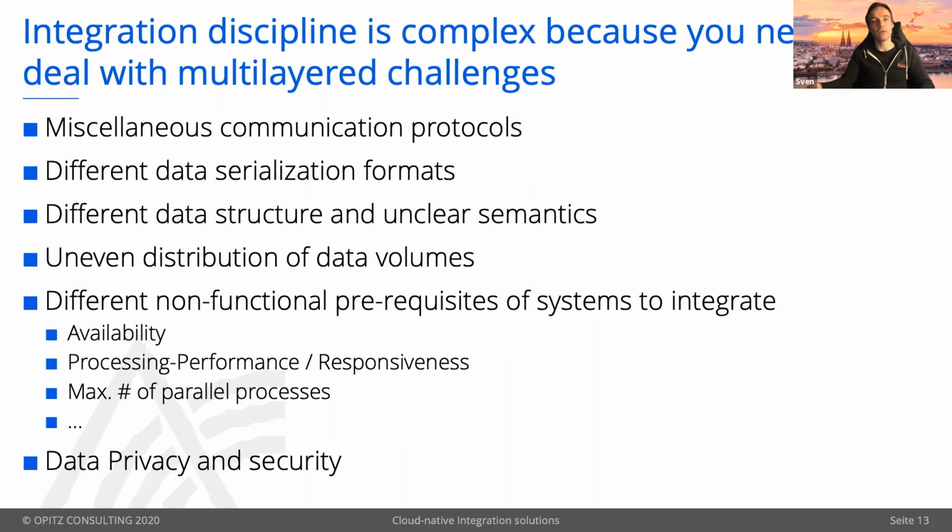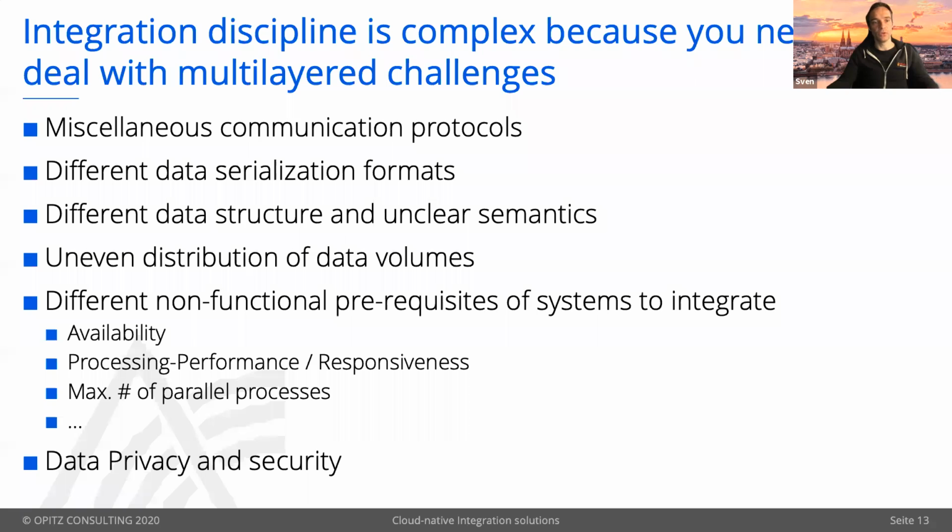You may not know about the semantics of the data. Maybe there is also no proper documentation and all that kind of stuff. Another problem is that you have uneven distribution of data volumes from system A to system B, and also that you have different SLAs with respect to the systems.